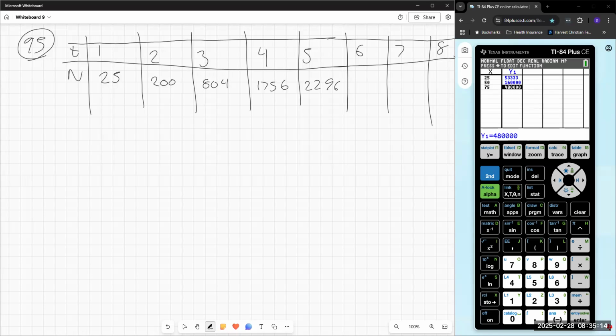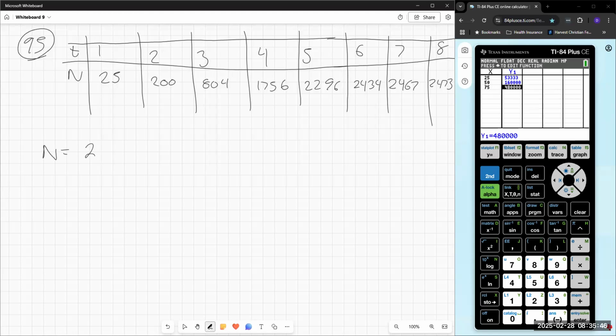2296, 2434, 2467, 2473. All right, so that is the observation of the size of a bacteria culture after, I think, T is measured in days. Yes.